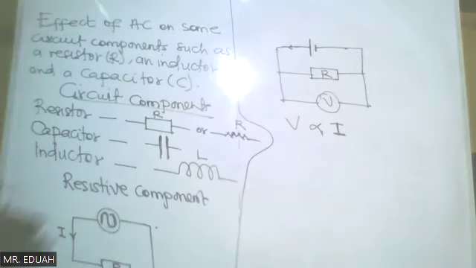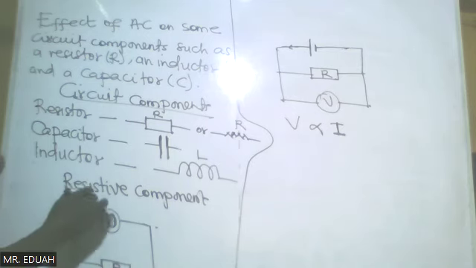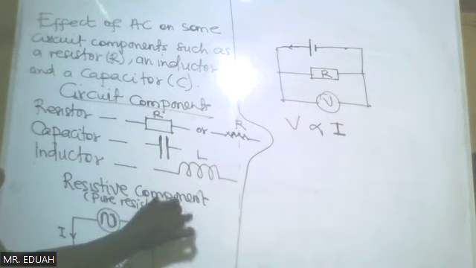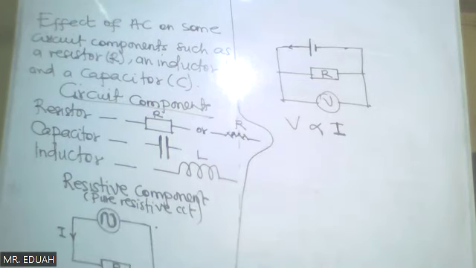And now, a pure resistive circuit, which is this. This is also a pure resistive circuit. We have the same relationship. Ohm's law is also obeyed.